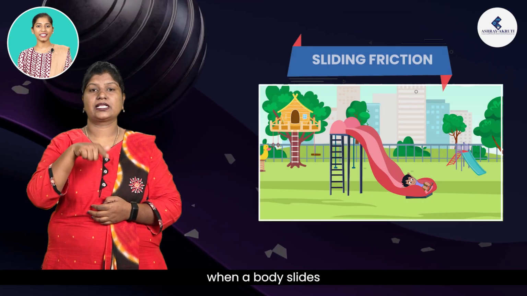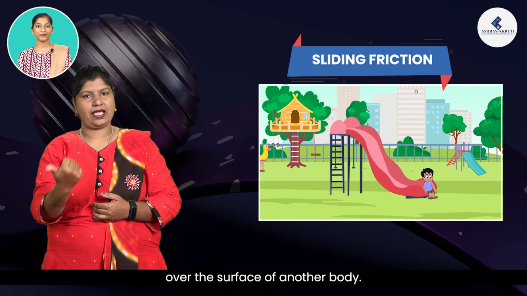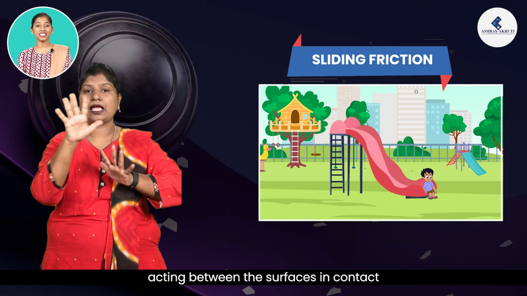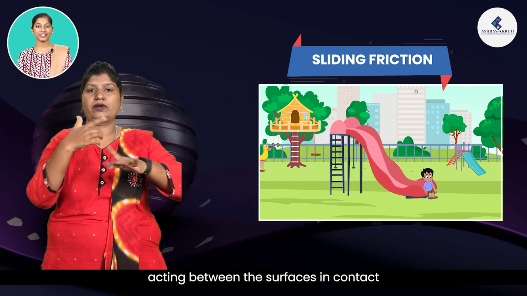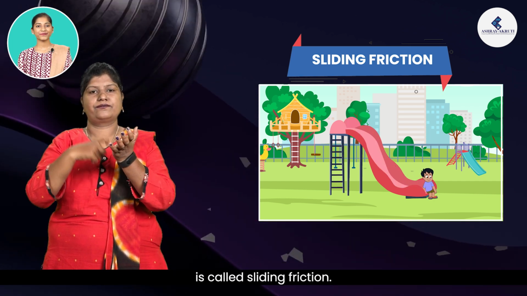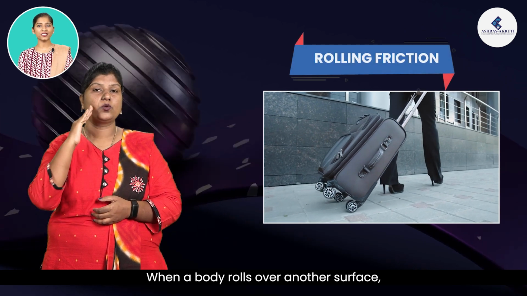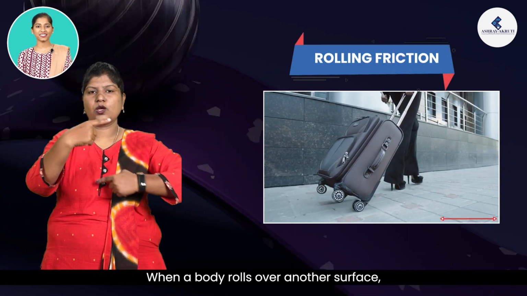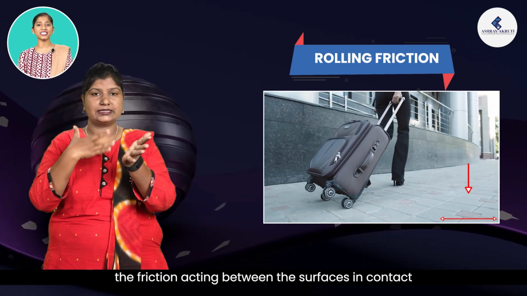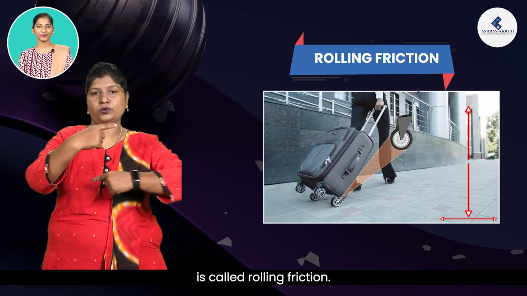When a body slides over the surface of another body, the friction acting between the surfaces in contact is called sliding friction. When a body rolls over another surface, the friction acting between the surfaces in contact is called rolling friction.